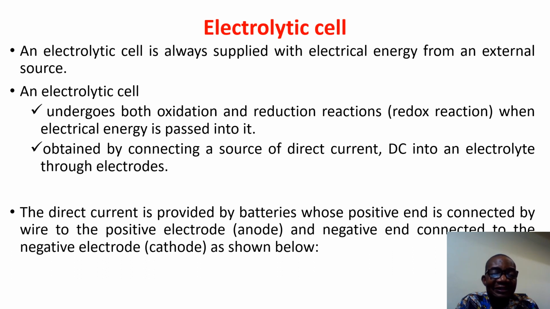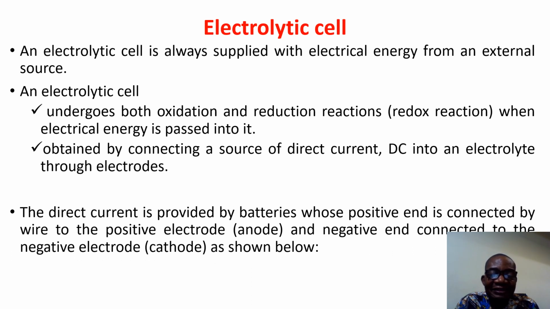source of electrical energy. An electrolytic cell undergoes both oxidation and reduction reactions, usually the redox reactions, when electrical energy is passed into it. An electrolytic cell is obtained by connecting a source of direct current to an electrolyte through electrodes.